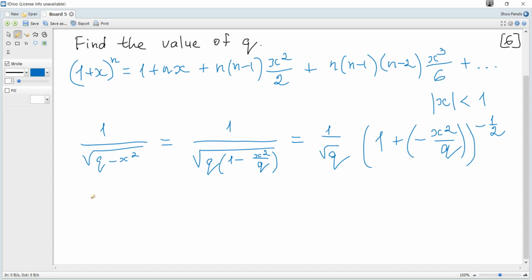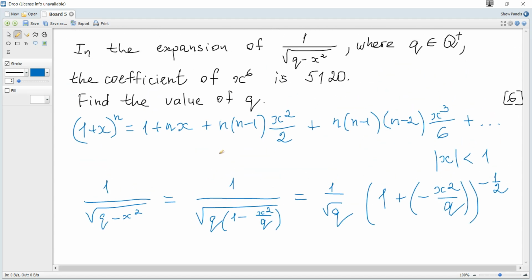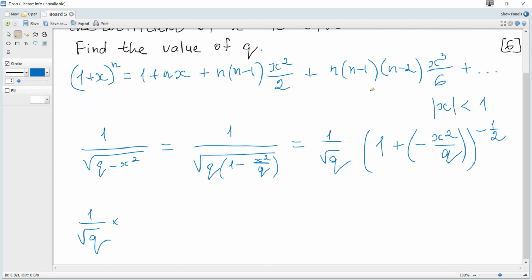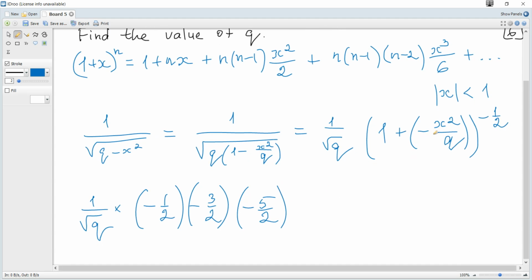So we consider the term with x to the power of 6 only. It becomes this common factor 1 over the square root of q, multiplied by n, which is negative half, multiplied by n minus 1, which is negative 3 over 2, multiplied by n minus 2, which is negative 5 over 2, and this 6, so 1 over 6, and x cubed, so this cubed.